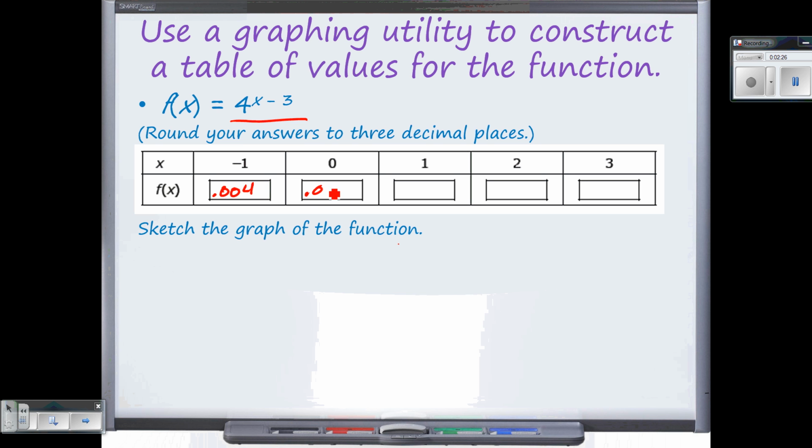We have 0.016. It rounds up. We have 0.063. Again, rounding up. 0.25. It's only 2 digits, so it doesn't need to be rounded. And 1. All right, sketch the graph of our function. Basically, it comes right along the x-axis, gets just a little bit past, and then hits basically straight up.